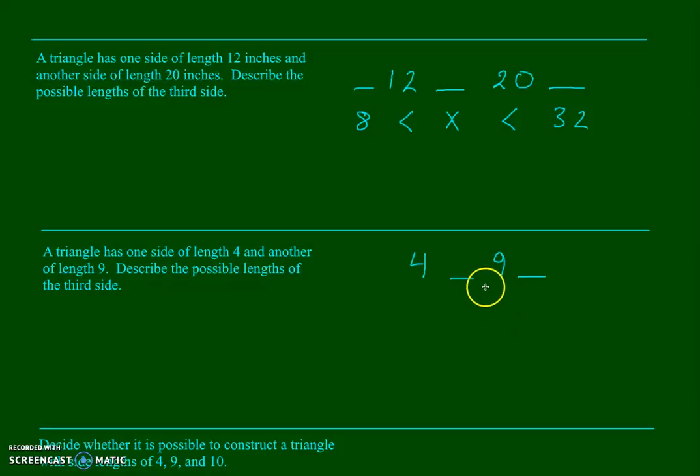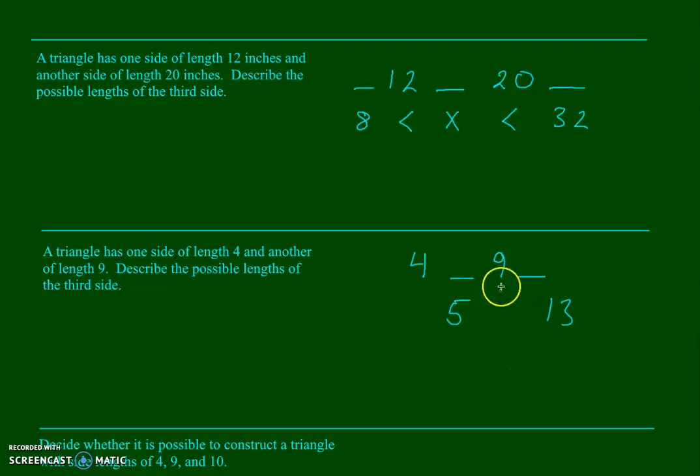So in this case, what we're looking at is a number between 4 and 9. So we're going to want to do the exact same thing we did up here. We subtract the smaller from the bigger. 9 minus 4 gives us 5. And 4 plus 9 gives us 13.